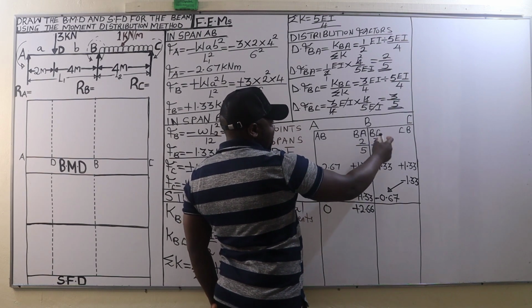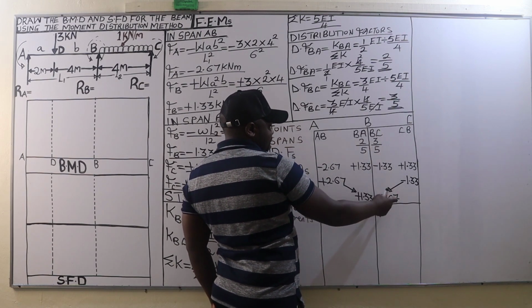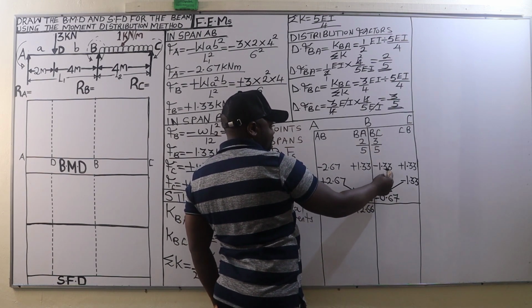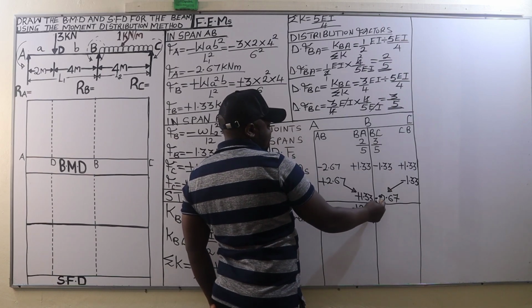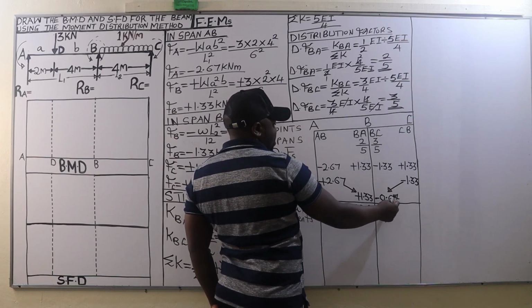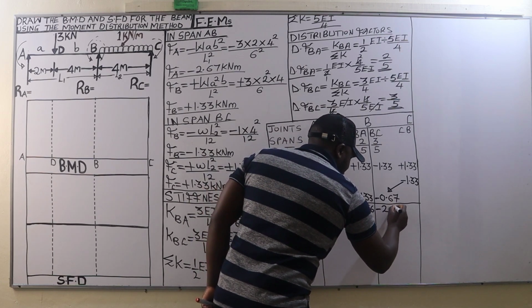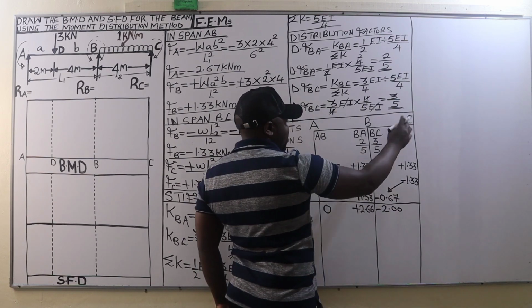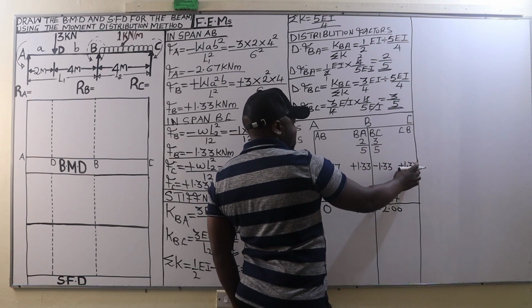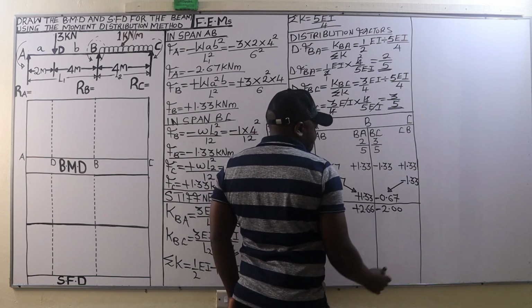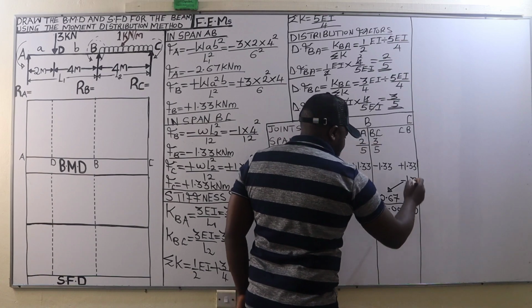On the span BC, still at joint B, we add negative 1.33 plus negative 0.67, which gives us negative 2.00. Then at joint C, we have 1.33 minus 1.33, which is 0.